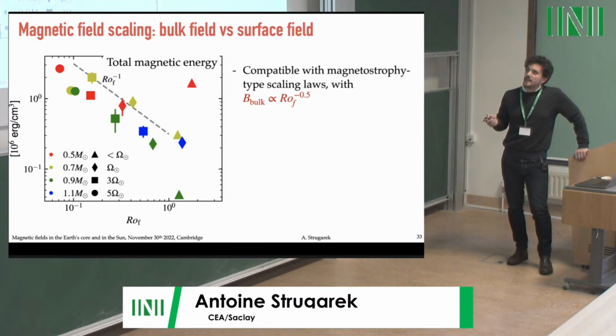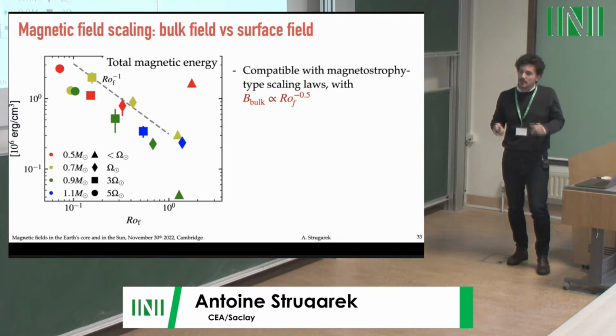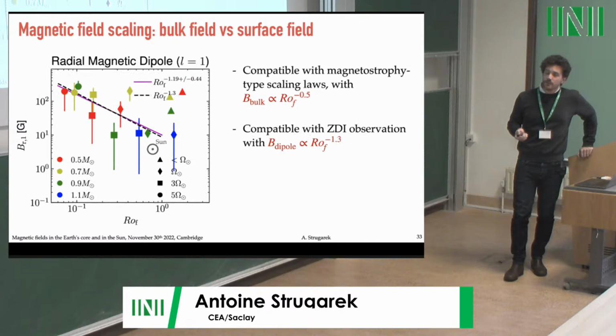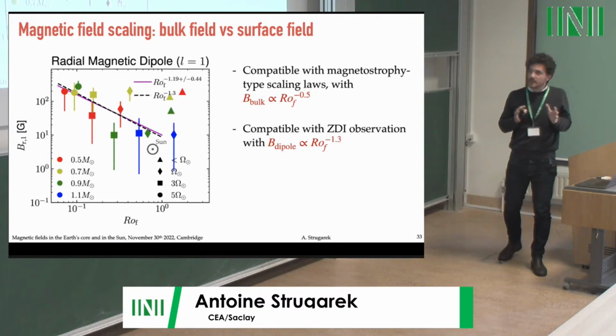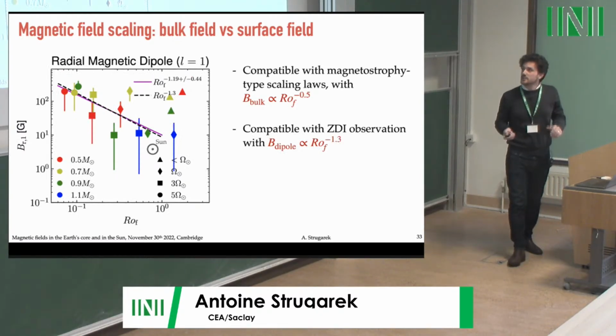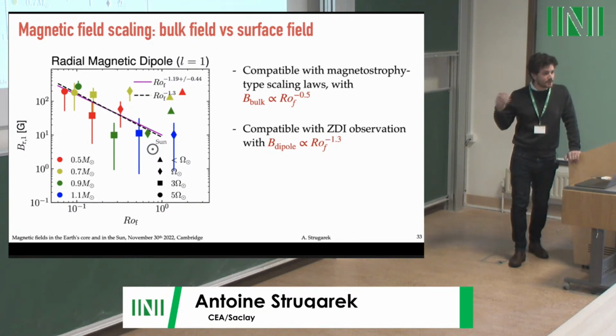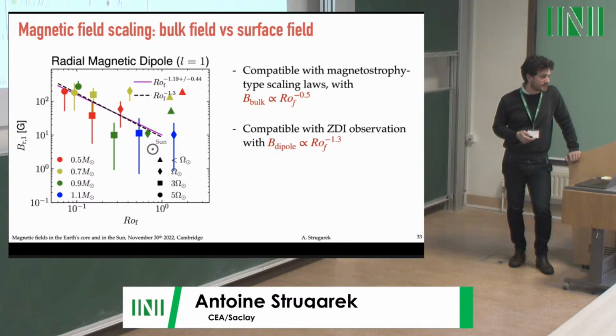So we inquired into that, and actually we find that in those simulations, even if the total energy in the full convection zone scales like that, which is what is expected typically from magnetostrophic type scaling laws, if you look only at the surface field, it has a different scaling. And actually the surface field scales like Rossby to the minus 1.3 in our simulation, which is quite close to the Zeeman Doppler imaging constraints.